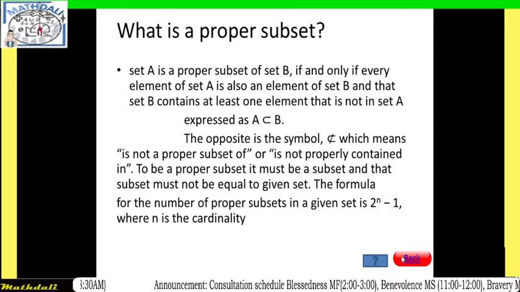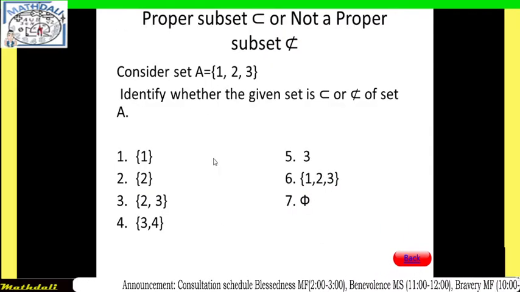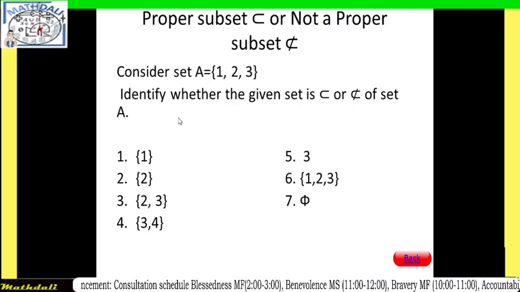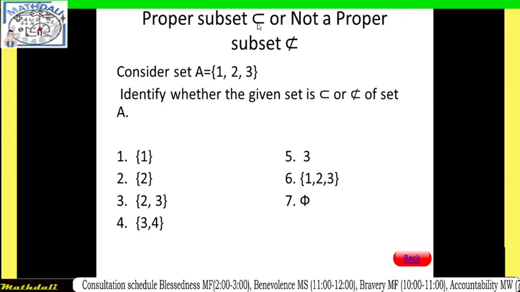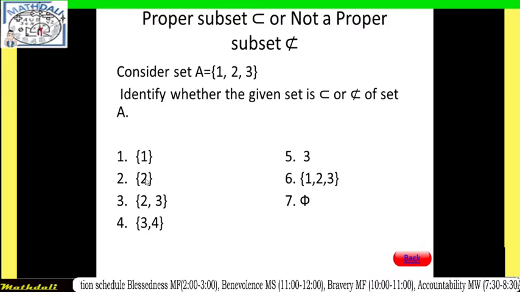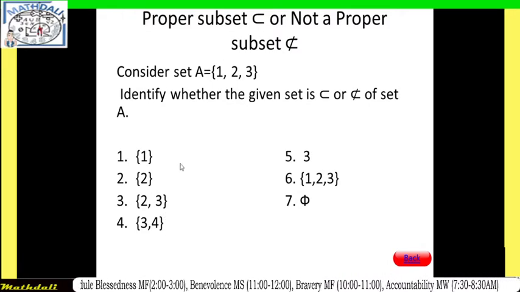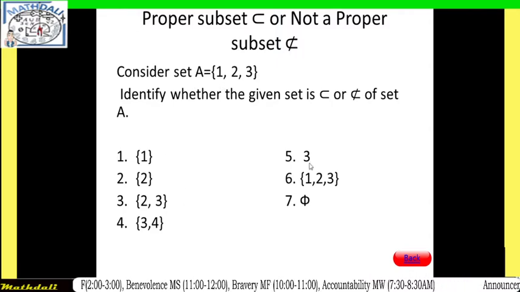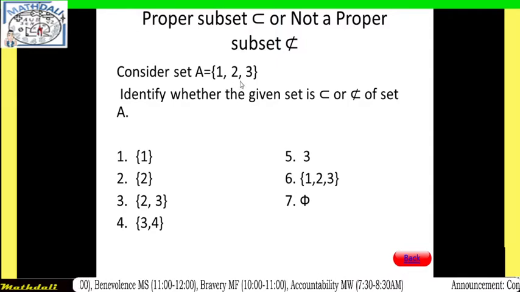Okay, para maging klaro, let us have this example. Para sa proper subset, ang gagawin natin dito, we're going to write the symbol kung yung set na to ay proper subset ng set A. Itong symbol naman na to kung yung set na to ay not proper subset.